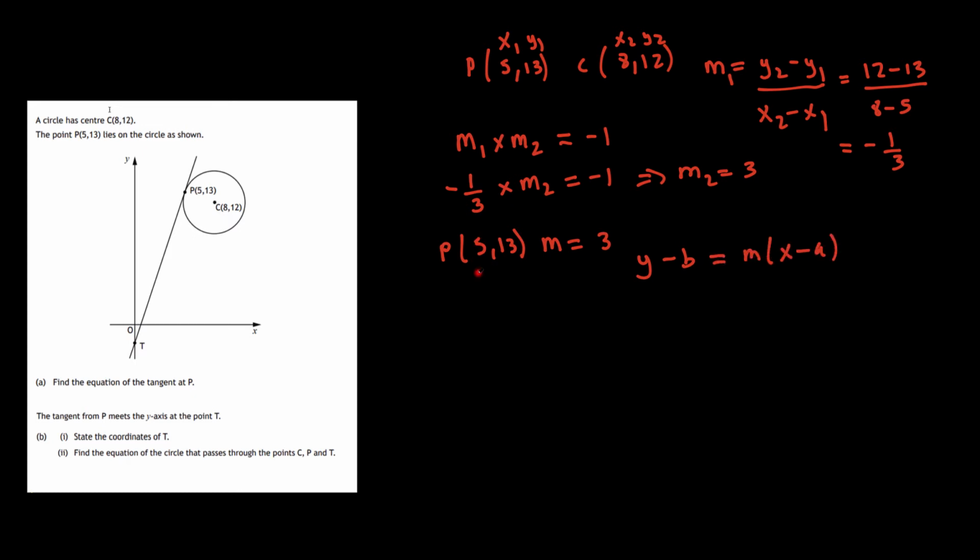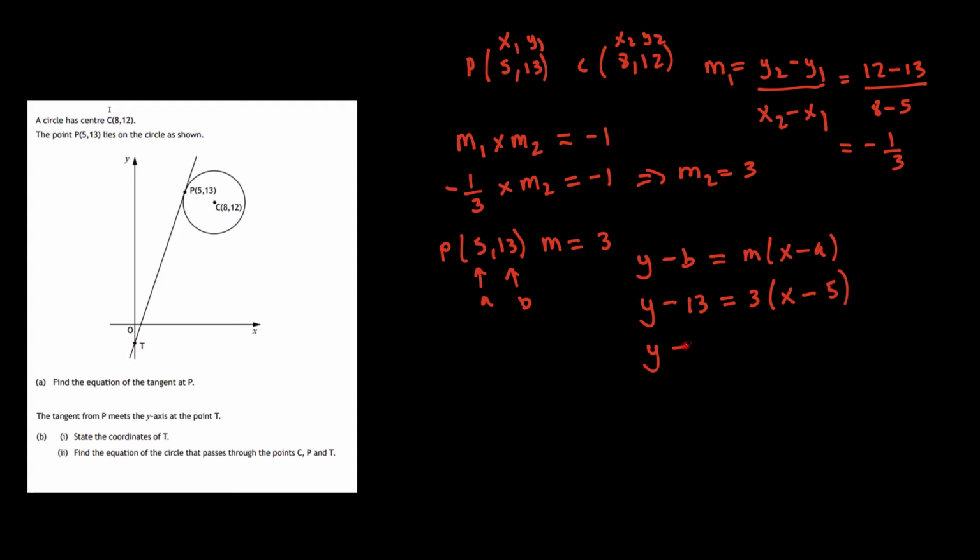This would be my A, and this would be my B. Substituting into the equation, B is of course 13, m is 3, and A is 5. So y minus 13 equals 3 times (x minus 5).